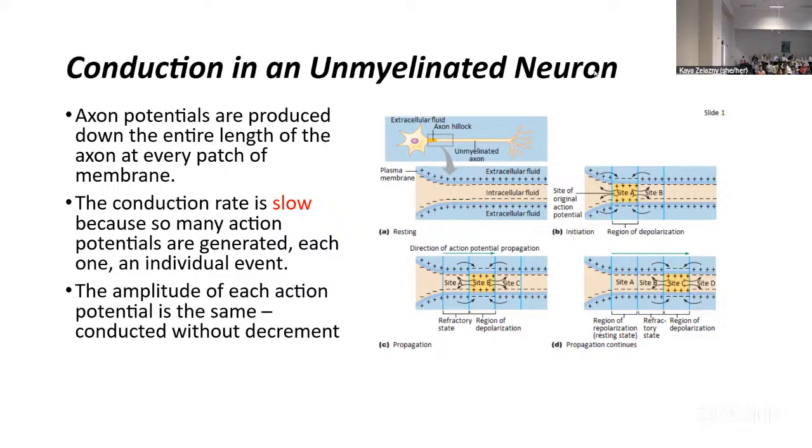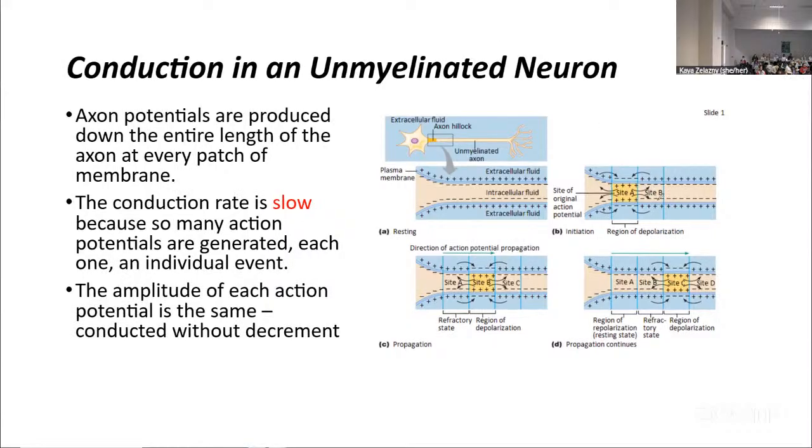When we see action potentials moving down unmyelinated neurons, this is going to be relatively slow compared to our myelinated neurons that we'll talk about next. But what we have happening is that we are piece by piece triggering every little site along the axon.